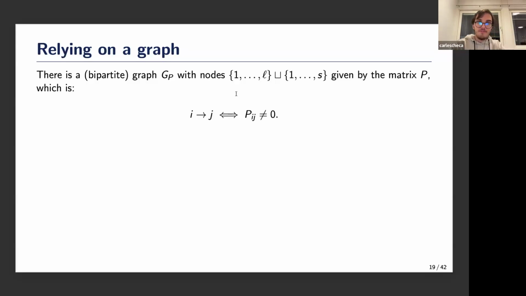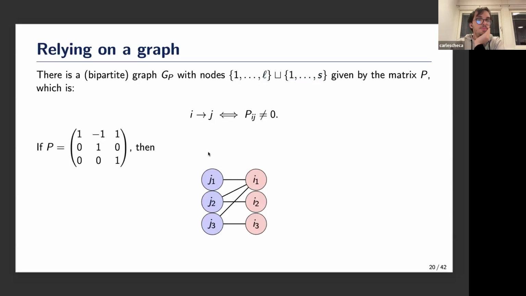And how do we define the graph? Now we have the rows of the matrix, which are labeled by S nodes, and we have the columns of the matrix, which are labeled by other L nodes, and we form a bipartite graph where there's an edge if and only if the corresponding entry is non-zero, right? So as an example, if the matrix P were to be this 3 times 3 matrix, then the corresponding graph would be this bipartite graph, where the blue correspond to the columns of the matrix and the red correspond to the rows of the matrix.